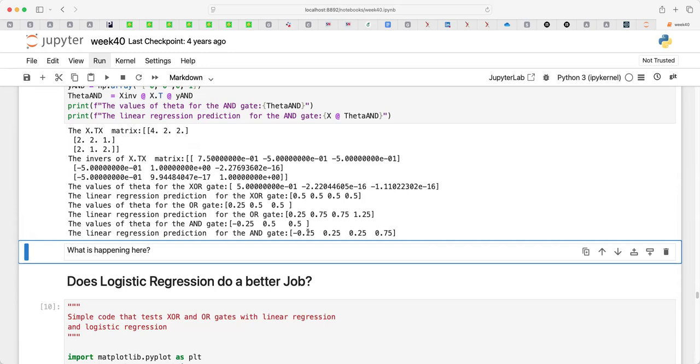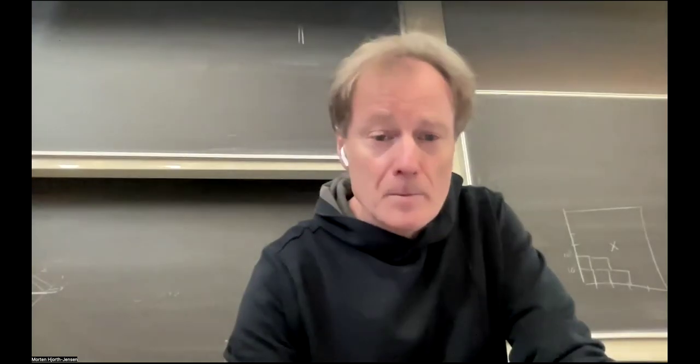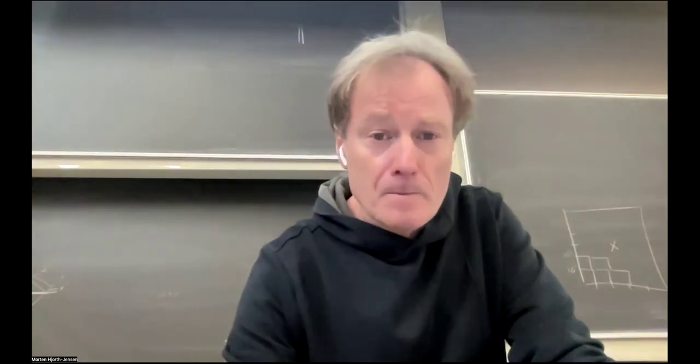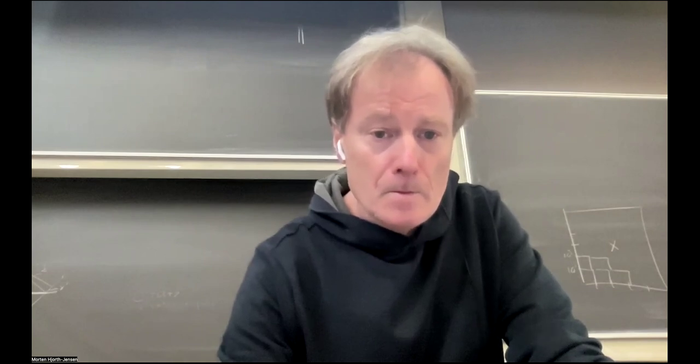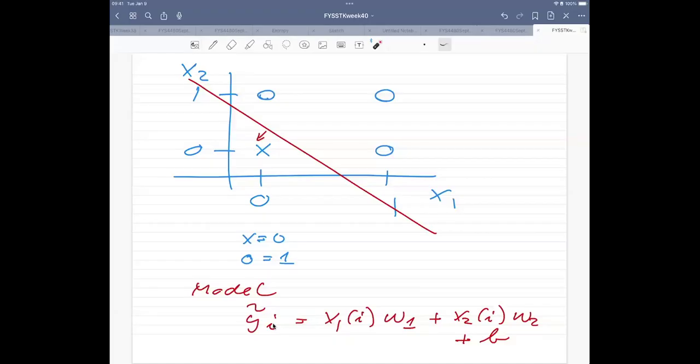And just to quickly remind you of that, let me bring it back here on the whiteboard. The typical OR gate, which we discussed, is one where I can have 0 here and 1, 1, 1.